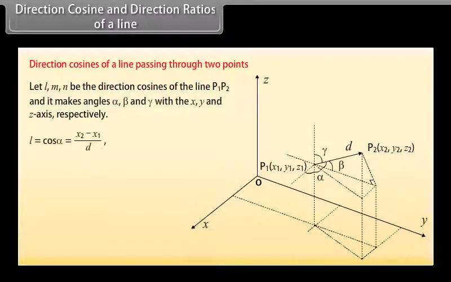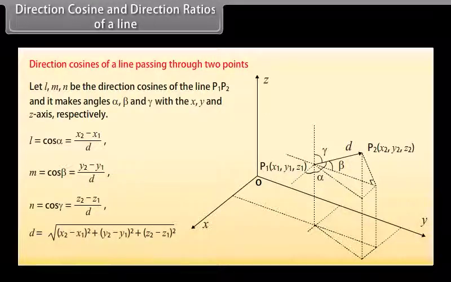The direction cosines are given as L equals cos alpha equals x2 minus x1 by d. M equals cos beta equals y2 minus y1 by d. N equals cos gamma equals z2 minus z1 by d. d equals square root of x2 minus x1 square plus y2 minus y1 square plus z2 minus z1 square.